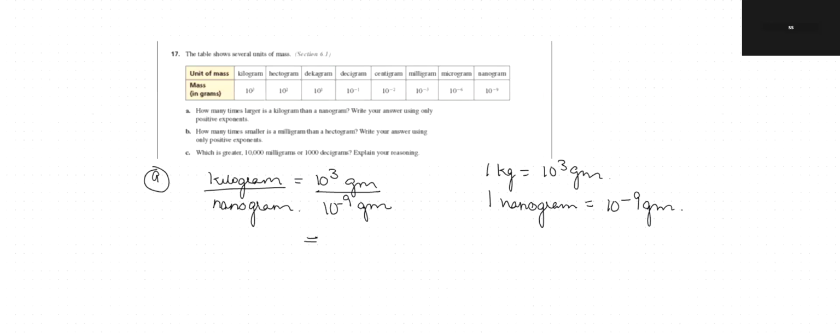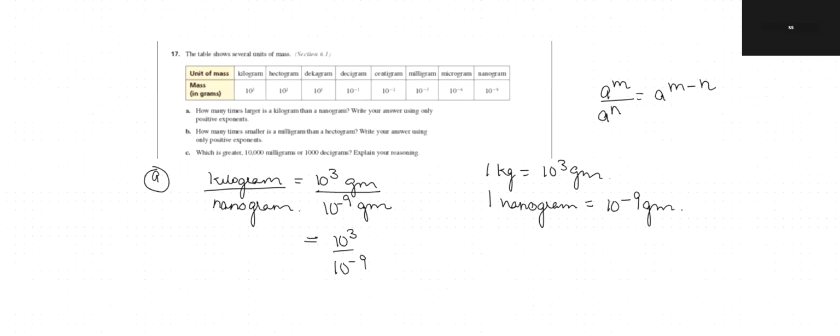So this is 10 raised to power 3 over 10 raised to power negative 9. We know this formula of exponents: a^m over a^n is equal to a^(m minus n). So we'll apply that.